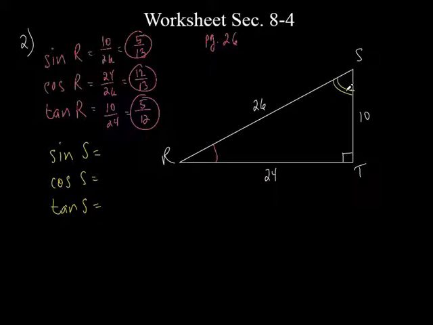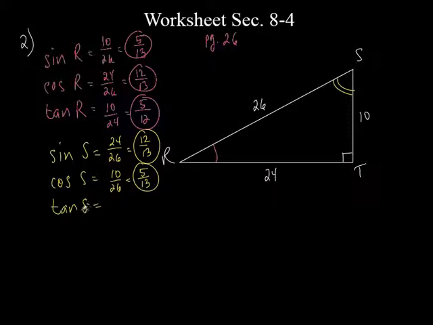So the sine is the opposite over the hypotenuse, 24 over 26. And I want you to see a little relationship after we're done doing this. 24 over 26, that's 12 over 13. The cosine of this angle is the adjacent over the hypotenuse, 10 over 26. Reduce that, 5 over 13.